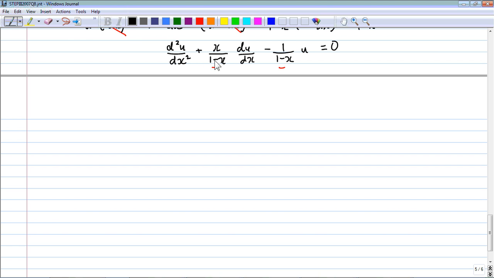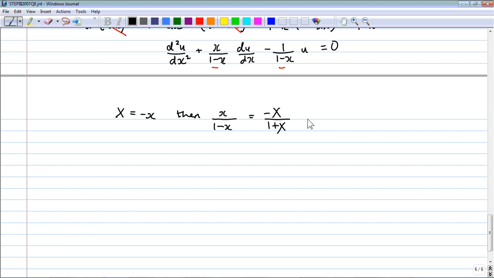Okay, so how do we deal with this minus? Well, if you've got any equation where you want plus x appearing, but you seem to have minus x appearing, the most obvious thing to try is to say, well, suppose I made a new variable which was minus x. Then in that case, x over 1 minus x would become minus x over 1 plus x.